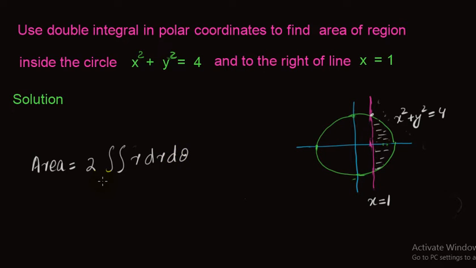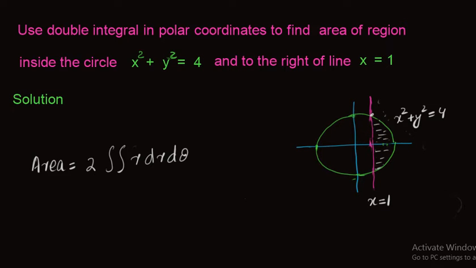Now we have to find the limit of the variation of theta and r along this region. Now we try to find the variation of theta in first quadrant and the variation of r along this region.